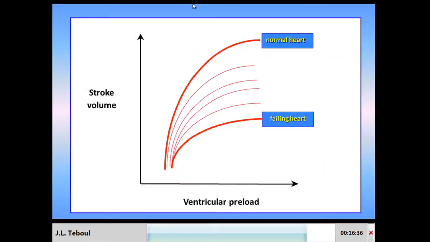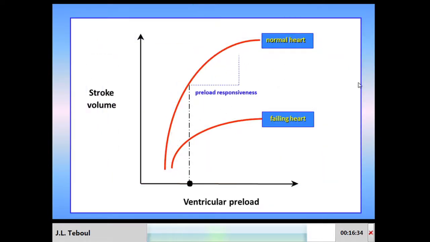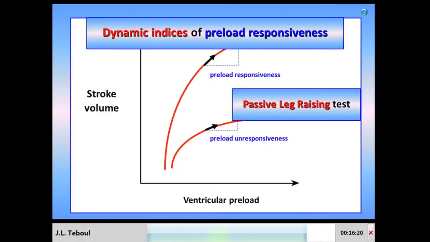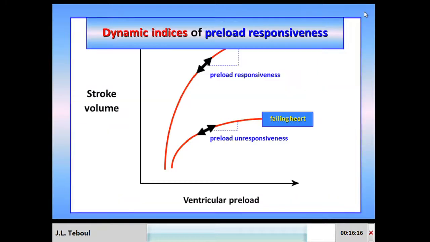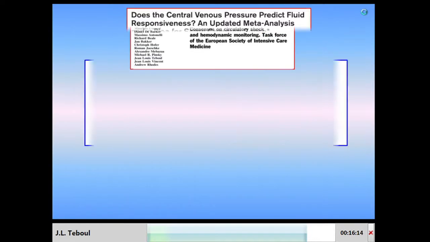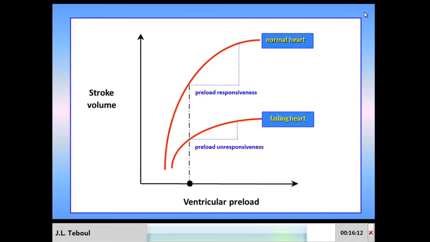In fact, it is impossible to use static markers of preload to predict fluid responsiveness because there is not one single Frank-Starling curve, but a family of curves between the normal heart and a failing heart.